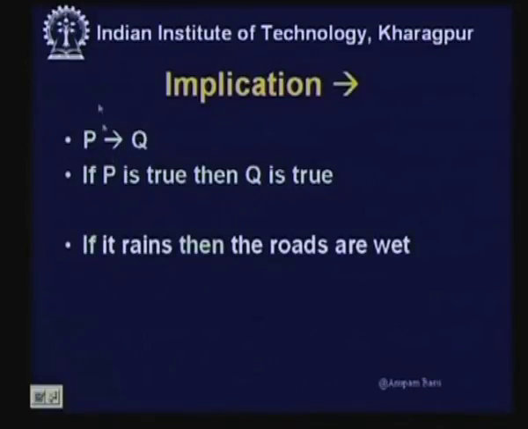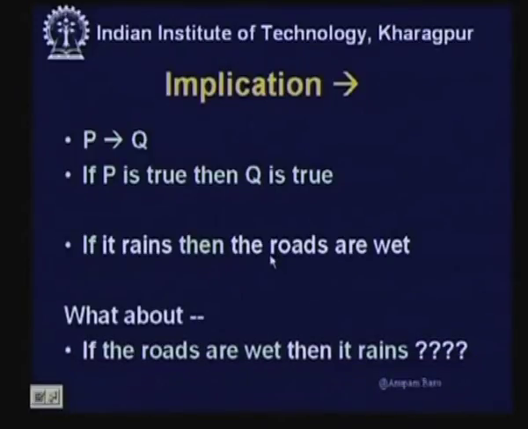I am sorry. Okay. Say for example, if it rains, then the roads are wet. So it rains, that is my P, and the roads are wet, that is Q. So if it rains is true, then the roads are wet. But if we say if the roads are wet, then it rains, is it an implication?